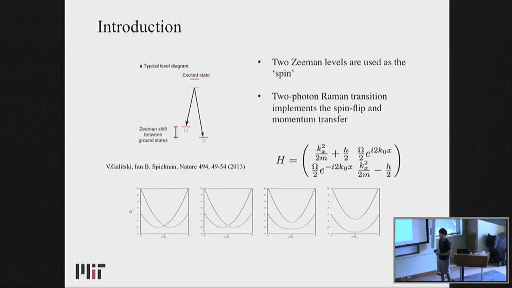When the spin-orbit coupling is weak, we have two degenerate ground states. If we keep increasing the coupling, it brings a gap where the two dispersions cross. If we keep increasing the coupling strength, eventually the gap becomes so large that there is only a single minimum ground state in the system.